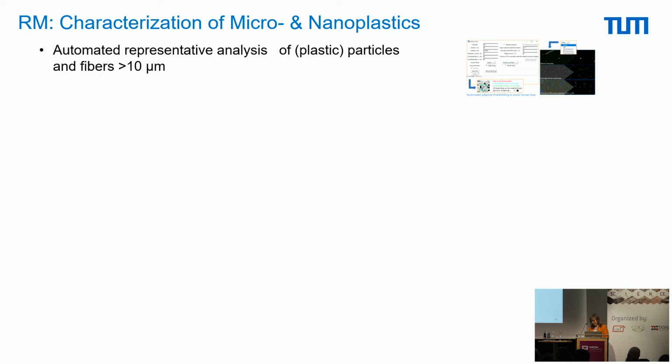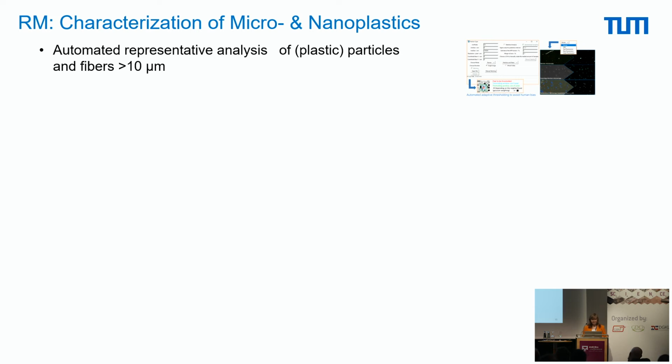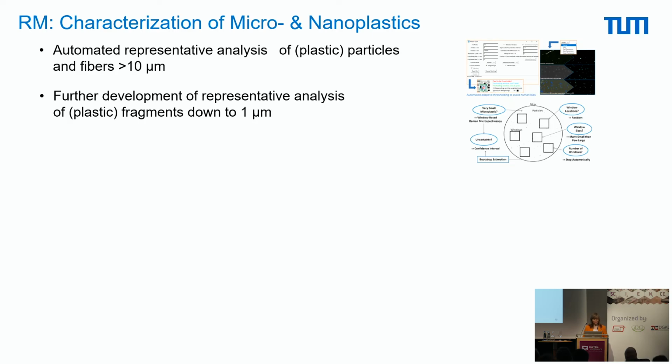So to shortly sum up this part before I go to the next part of my presentation, with Raman microspectroscopy, we can perform automated representative analysis of plastic and non-plastic particles and fibers bigger than 10 micrometers. We are working on the development of a method to be able to measure fragments automatically down to 1 micrometer.